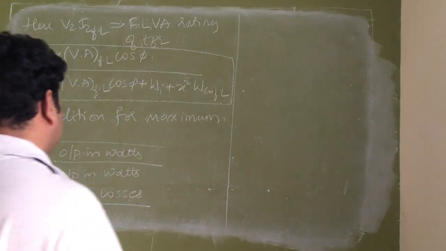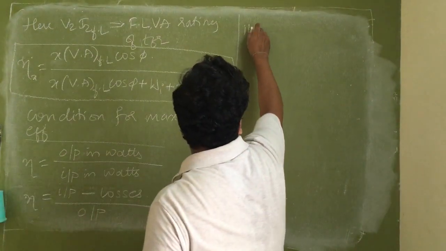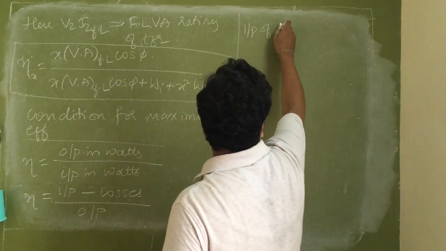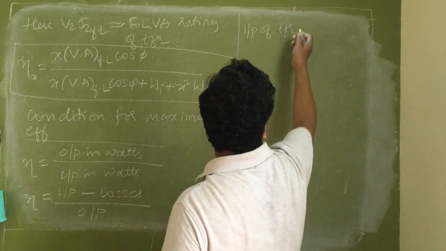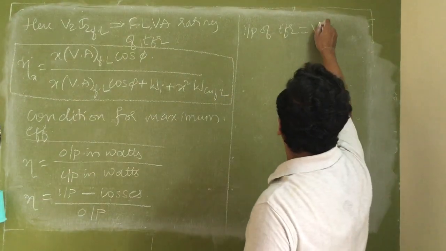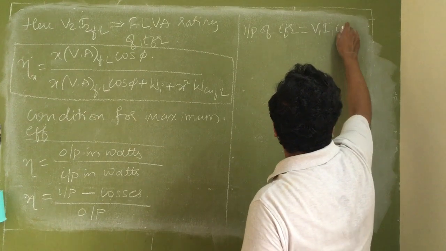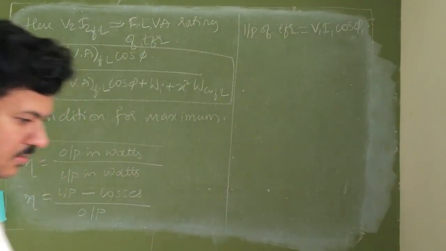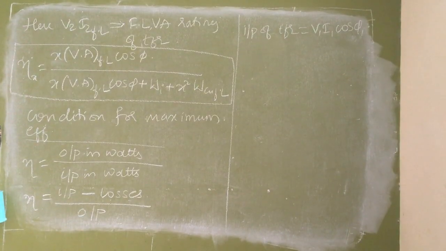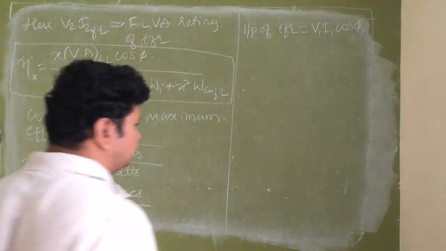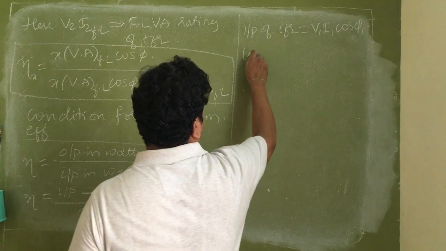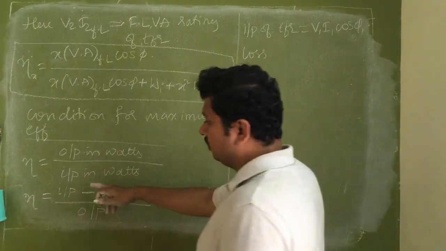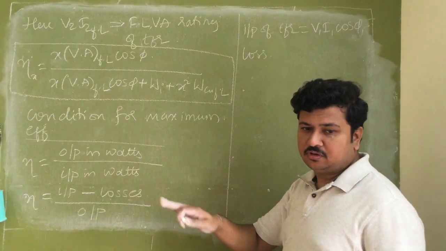Now what is input? Input of the transformer is nothing but V1 I1 cos phi 1. Now what are the losses? At any load, it is not compulsorily at full load, it is at any load.